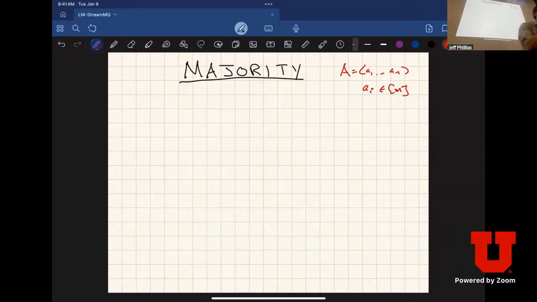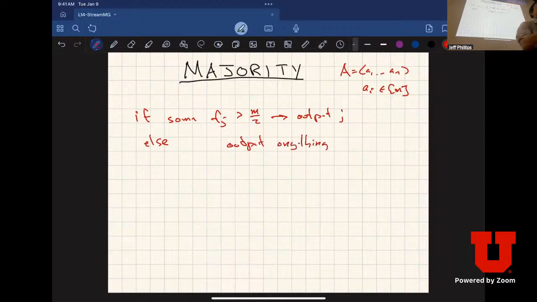What I want is that if there is some Fj strictly greater than N over 2, then I output J. Else, I can output anything, any J prime in M. So the idea is that all the things I'm seeing are still voting, and I want to know if there was something that was a majority of the votes.